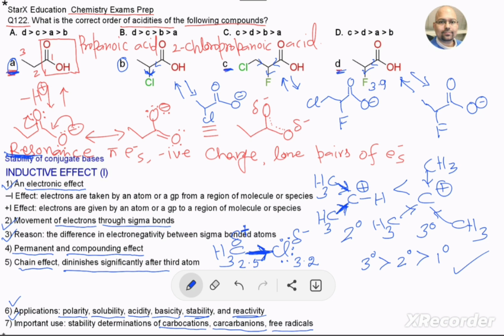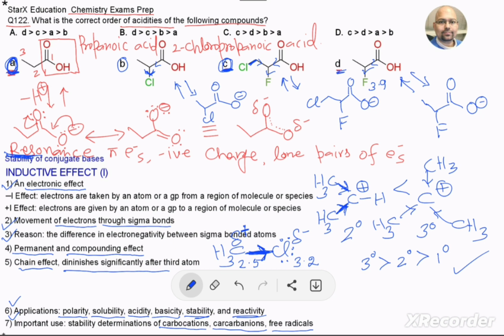Therefore, compound D would be more acidic than compound B, and compound B would be more acidic than compound A. Compound C, since it has a fluorine group at carbon number 2, its acidity would be same as D if there were no Cl there. But since there is one Cl as well, therefore C will be the most acidic compound here, and A would be the least acidic compound.